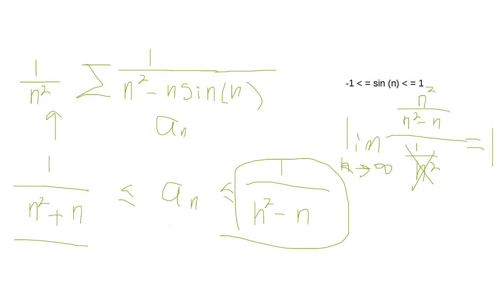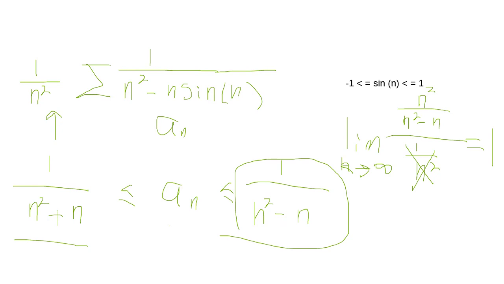When we divide by n squared in the numerator, we get a 1. Divided by n squared in the denominator, we get 1 minus 1 over n. Well, 1 over n, when n approaches infinity, becomes 0. So we have 1 over 1 minus 0, which is a 1. So the limit of the ratio is 1.